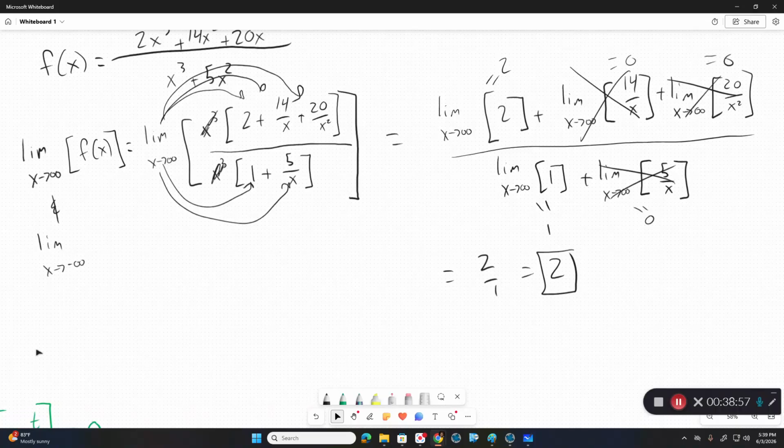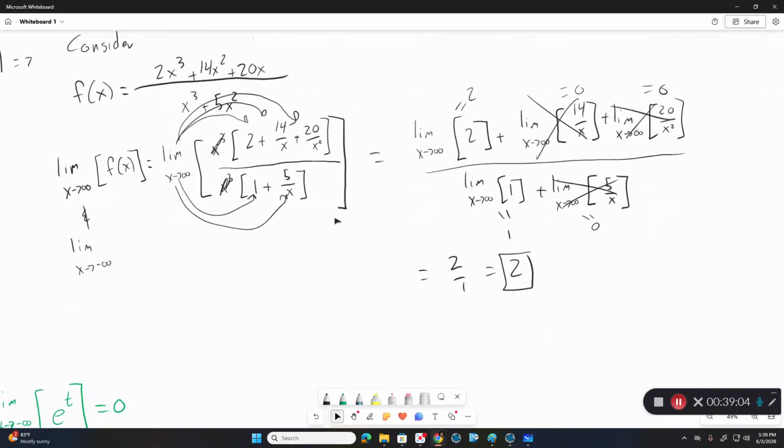Now, as it turns out, everything that I just said for the positive infinity, if you literally, let me zoom out here, I'm going to try this. It didn't work.